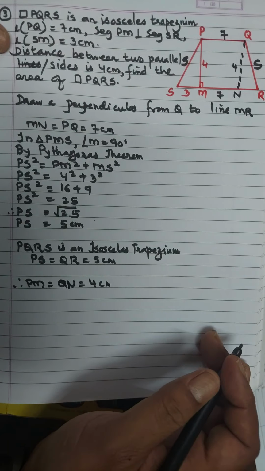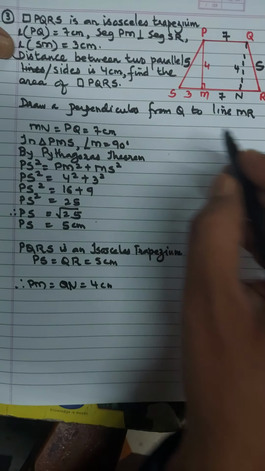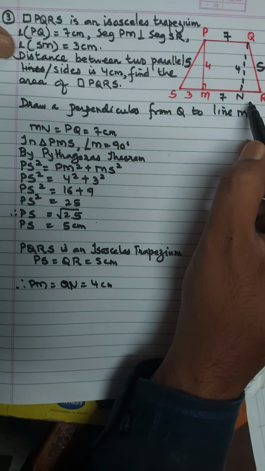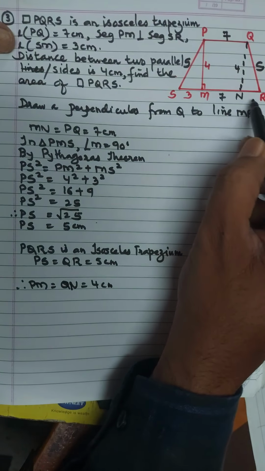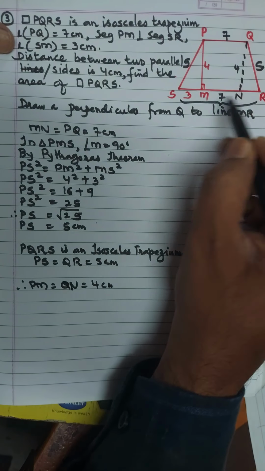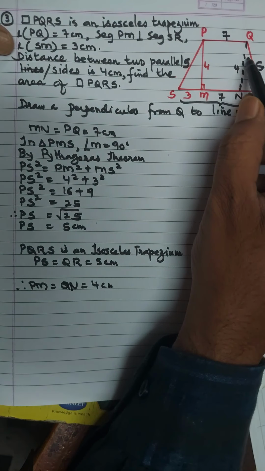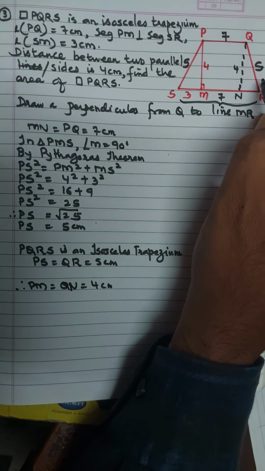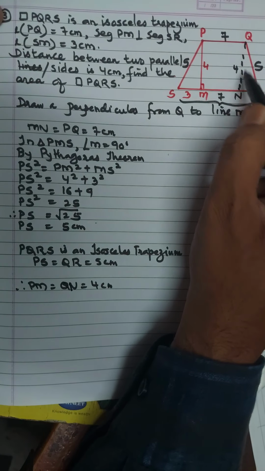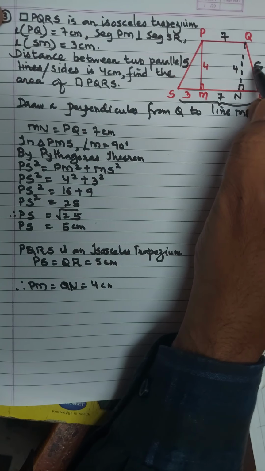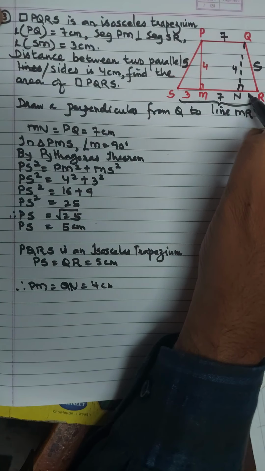Now after that, again see here SR. We can easily take out the value of SR here, all the sides. 3 plus 7 is 10, and by making the right angle triangle, again this is 3.